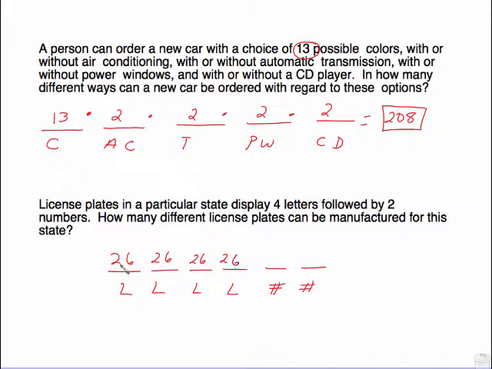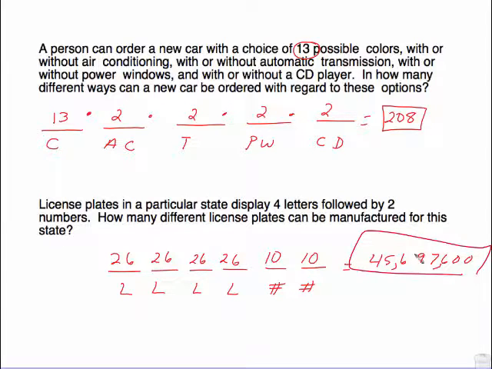So you could have A, then followed by 2 numbers. Those are those 10 digits we talked about previously. So you have any of 10 numbers that could go here. So this is just a matter of doing this arithmetic now, which equals 45,697,600 license plates.